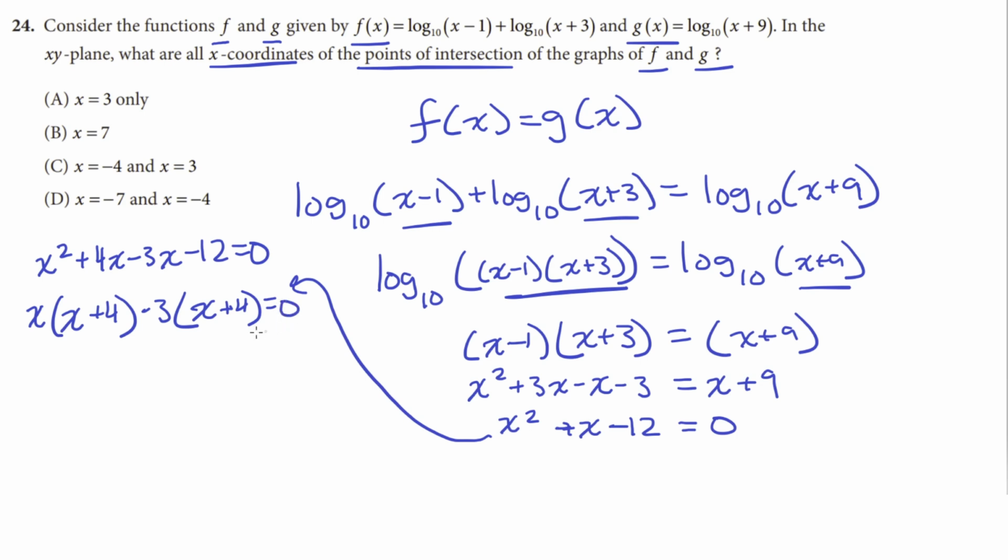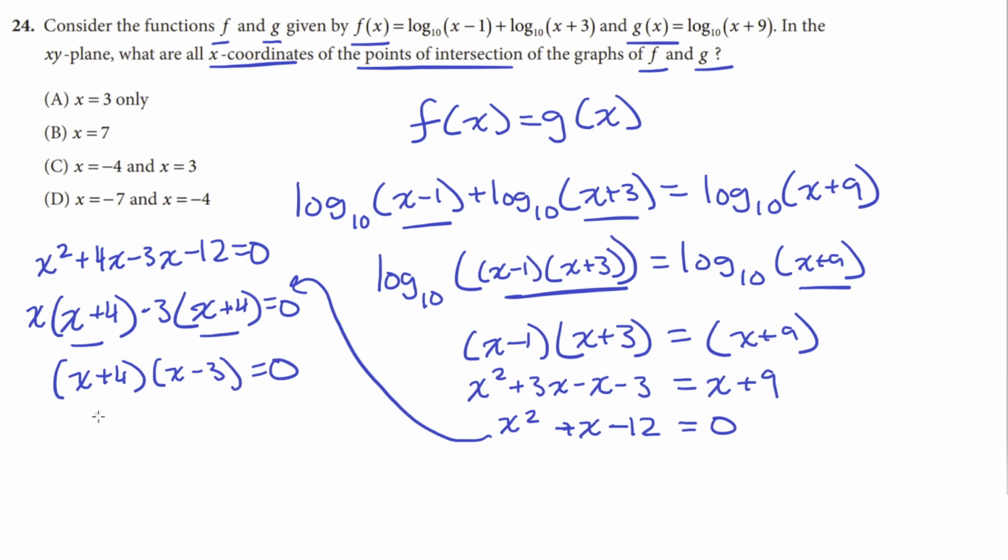So now this is equivalent to the expression up here, but now we can see that x plus 4 is common to both. So let's factor that out. We'll have an x plus 4 on the outside, multiplied with x minus 3. So this is the fully factored form.